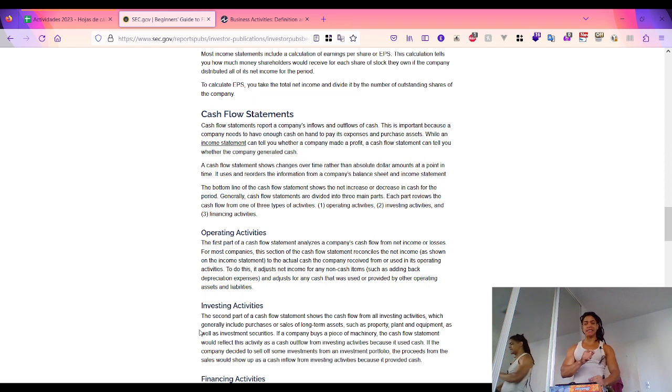Another example is the equity investment. So when a company purchases a significant amount of stake in another company's stocks, giving it influence and a voice in the other company's management decisions.